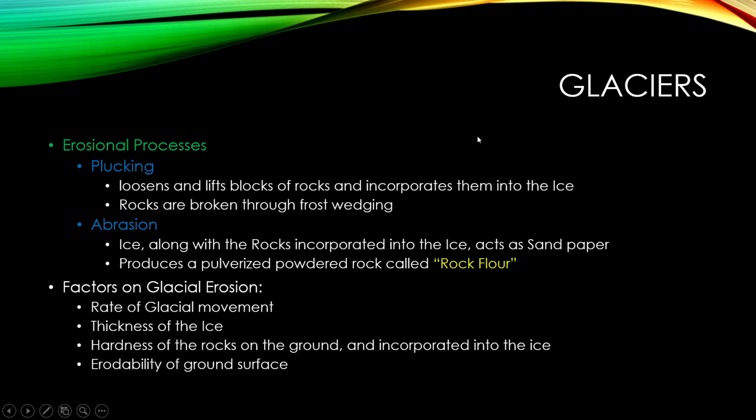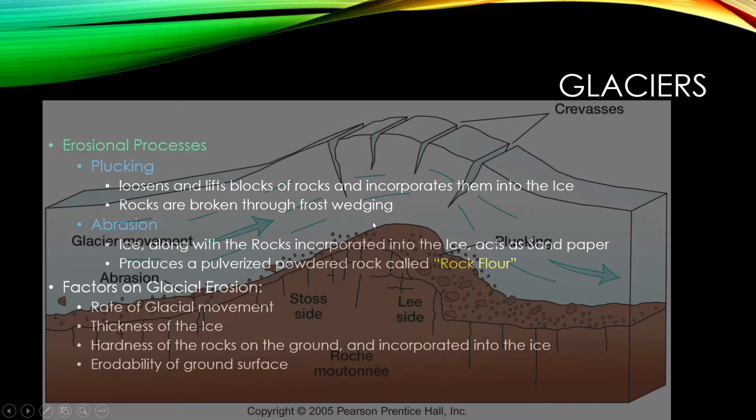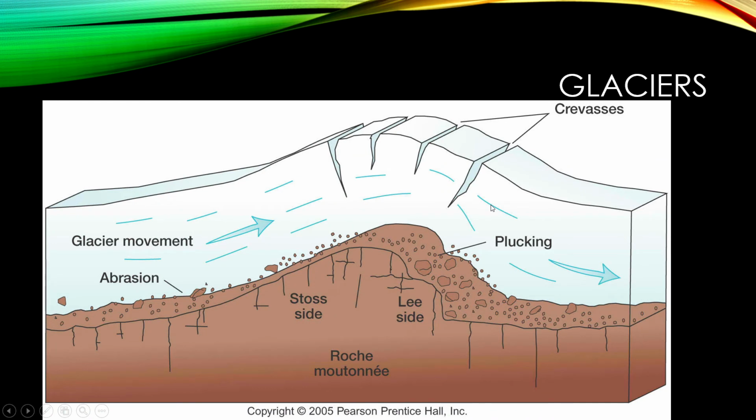So these are the factors of your glacial erosion. First, you have the rate of glacial movement, the thickness of ice, the hardness of the rocks on the ground, the incorporated ice, and then the erodibility of the ground surface. So this is how it looks like. We have here the stoss side and the lee side of a bedrock.